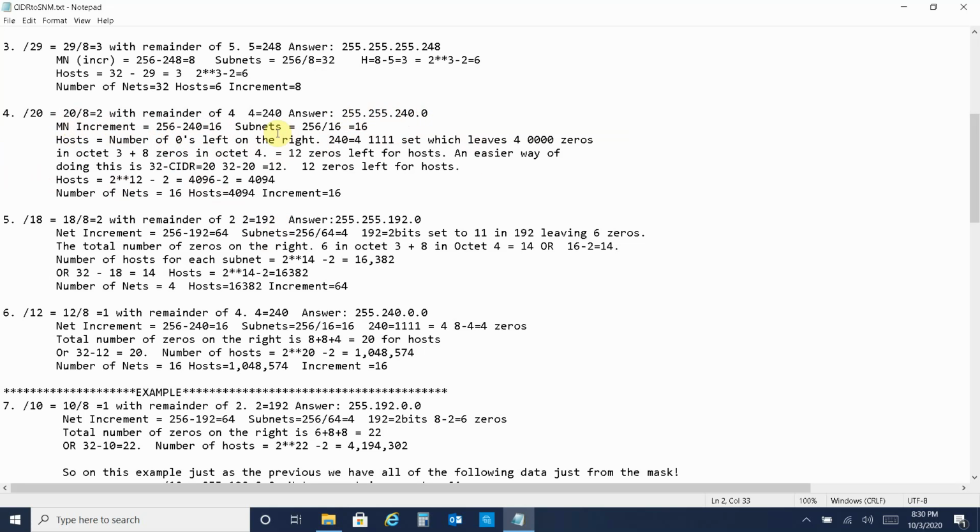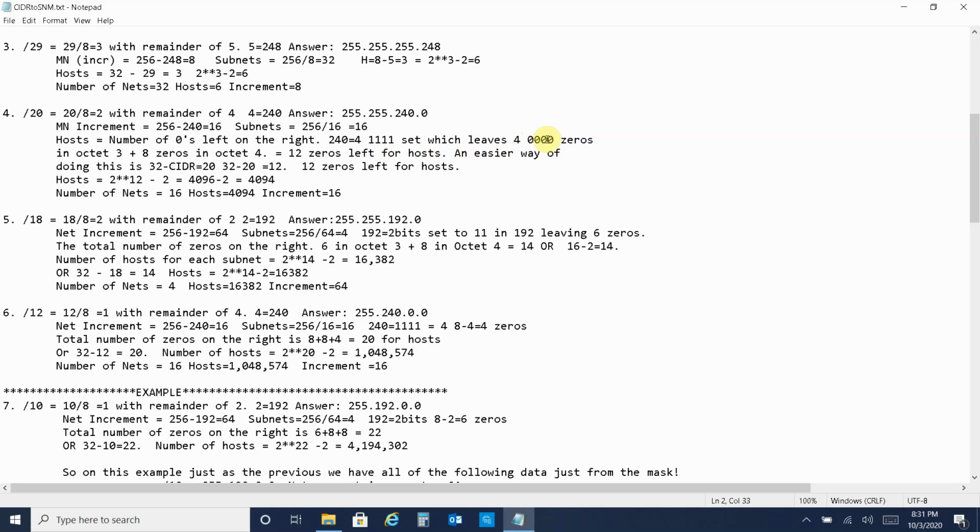Now to find the number of nets or subnets, we take 256 again and divide it by what we found here, 16. That equals 16. The hosts is the number of zeros left on the right side. You could probably figure this out intuitively, but if you just want to do 32 minus 20, right? Just take 32 minus 20, you get 12.